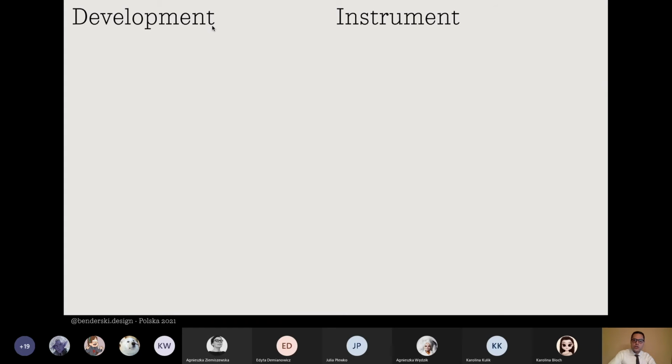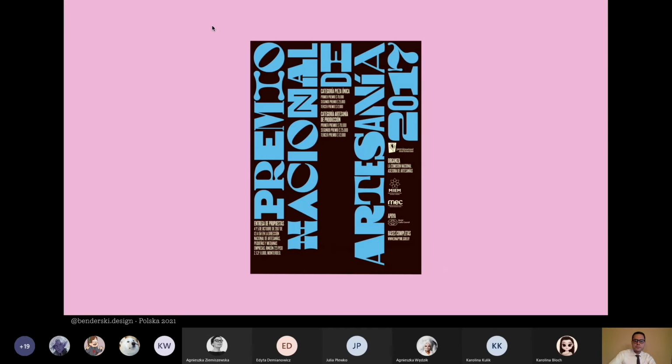I'm a designer that uses typefaces, typography, to transmit the message. In my opinion, the alphabet is the most important invention created by the human being. This poster was created for the National Prize of Handcraft.